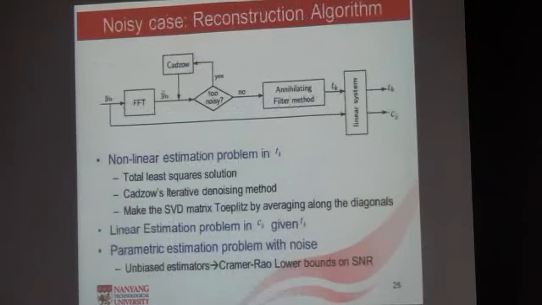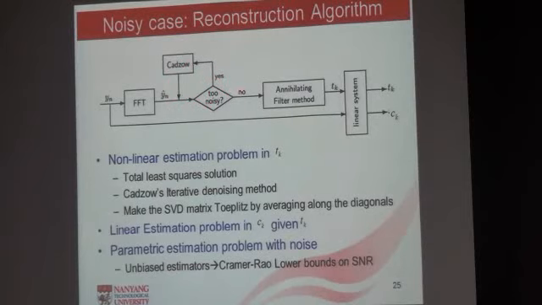So how they go about resolving it is, when we take the samples, we apply again the fast Fourier transform, and if these samples are too noisy, a Cadzow iterative method is applied, which basically allows you to do the denoising.